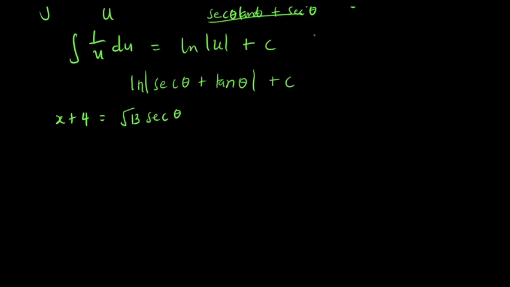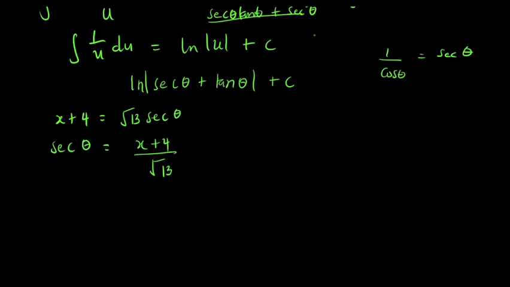So I'm going to solve for sec theta here. Sec theta now will equal x plus 4 over root 13, right? And we know that sec theta is the reciprocal of cos theta, right? 1 over cos theta equals sec theta.